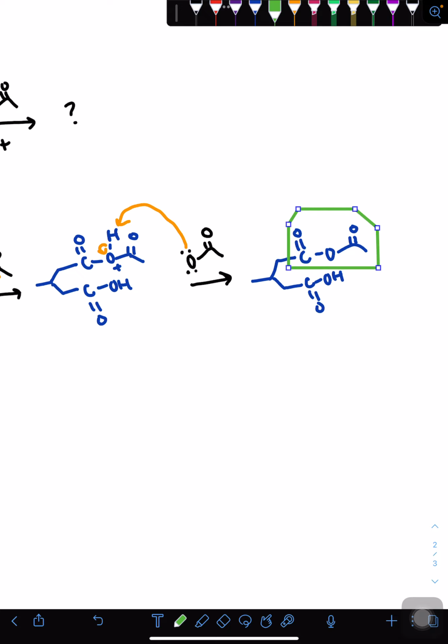I would just like to point out that this right here is a good leaving group. So this oxygen's lone pairs are going to attack this carbon. And once again, we're doing the same cycle: the double bonds get separated, and the double bonds come back.